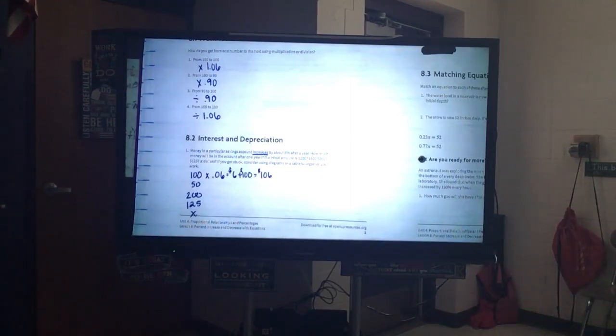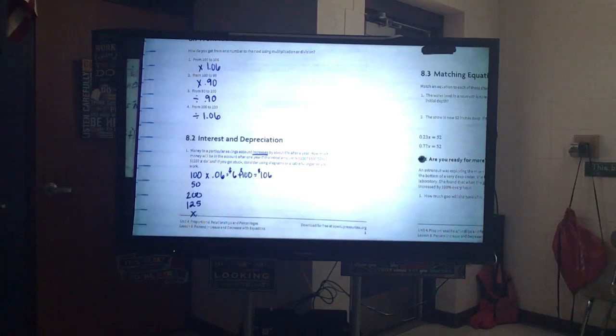So if you just put this, it's x times 0.06 equals 0.06x plus x.